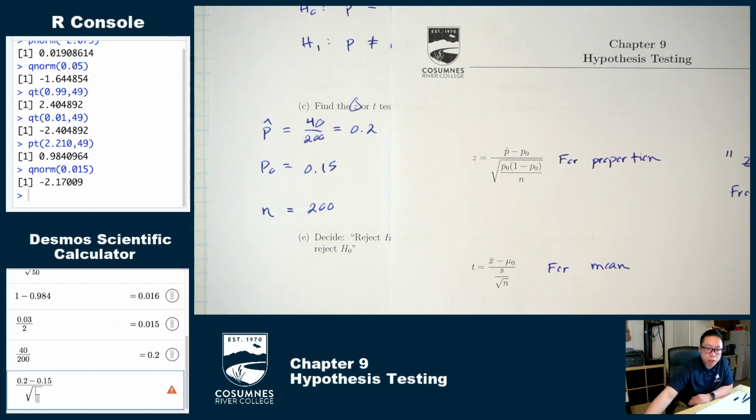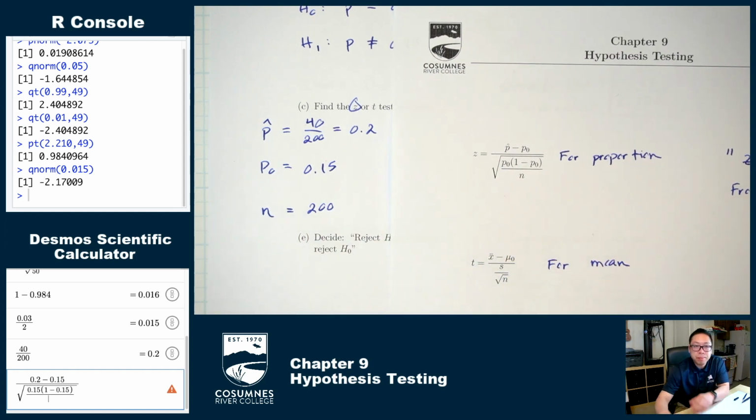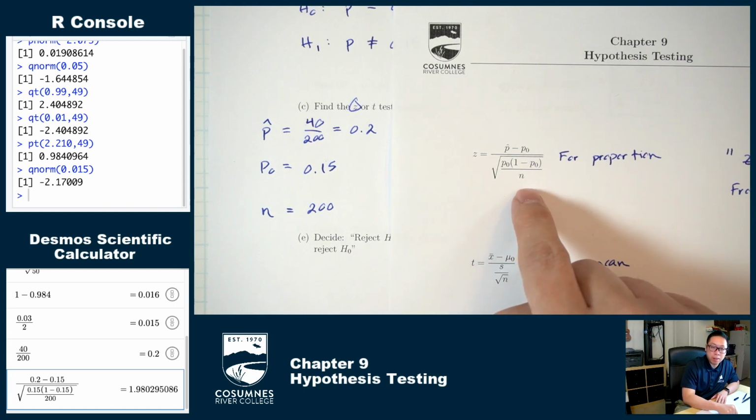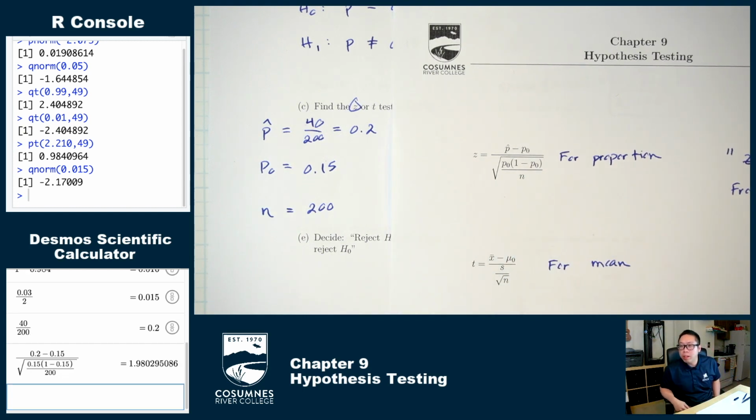Inside the square root, up top, it's going to be p0, which is 0.15, parentheses 1 minus p0, 1 minus 0.15. And then on the bottom, n, 200. Okay, make sure it looks exactly like the z formula. And we get a z of 1.980.